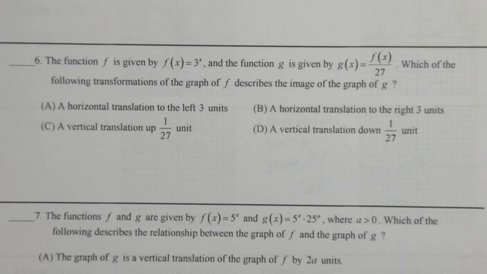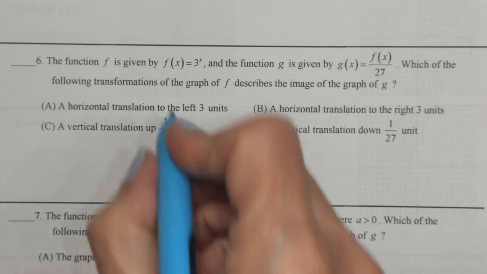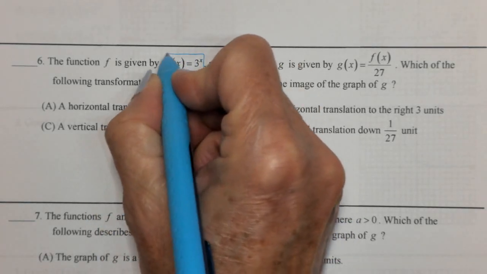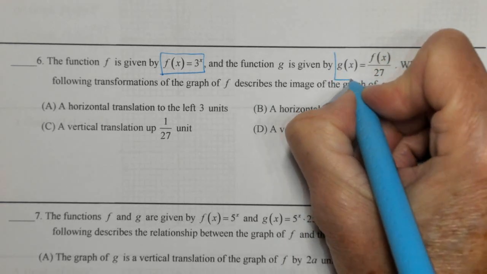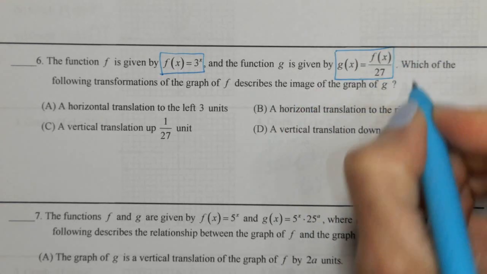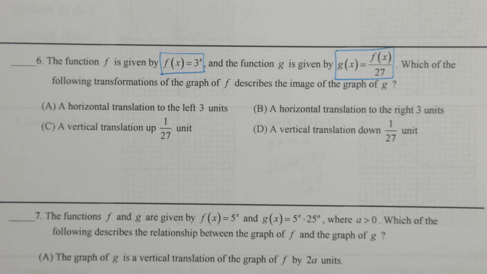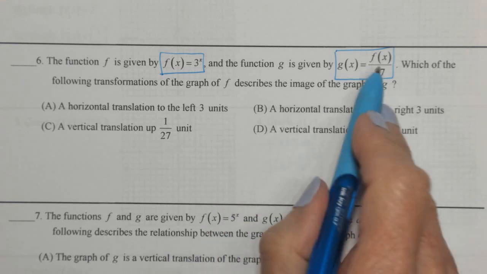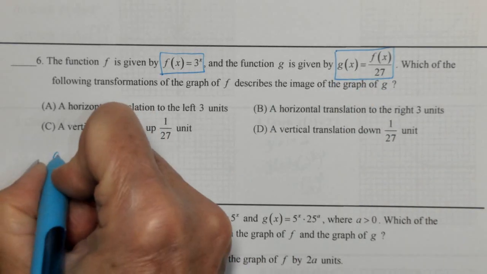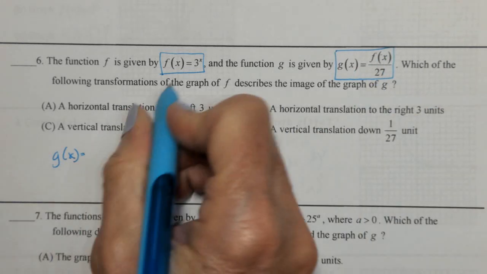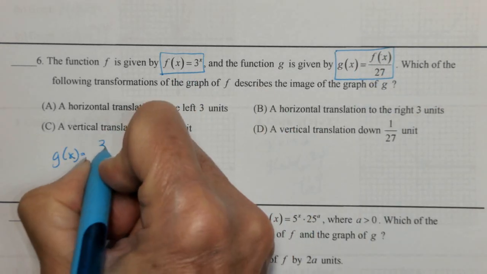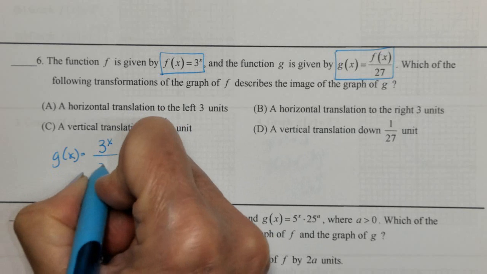Let's do another one. The function f is given by 3 to the x. The function g is given by f of x divided by 27. Which of the following transformations of the graph of f describes the image of the graph of g? g is f divided by 27. Well, f is 3 to the x, so g is 3 to the x divided by 27.